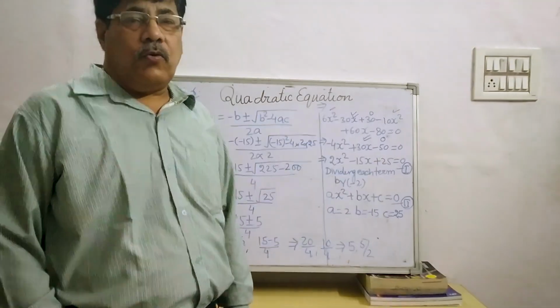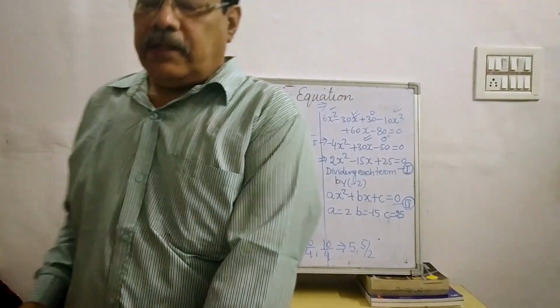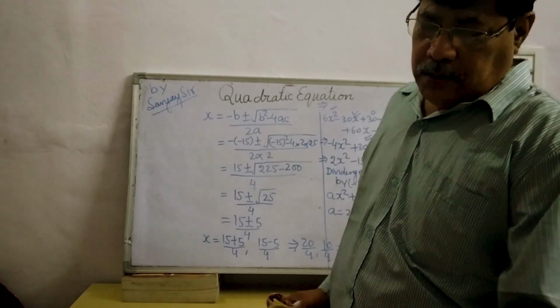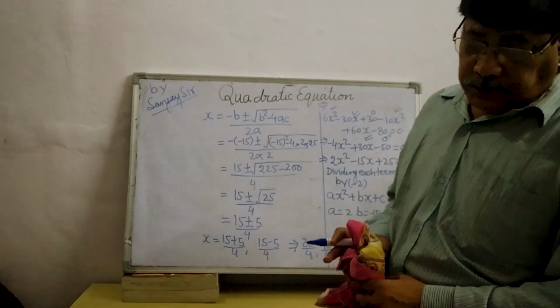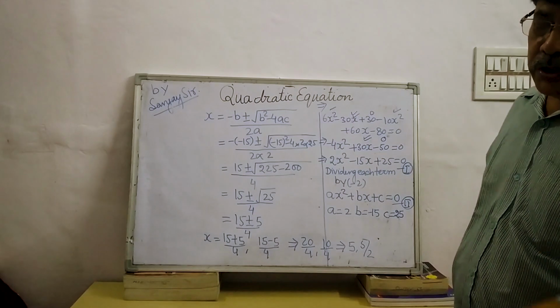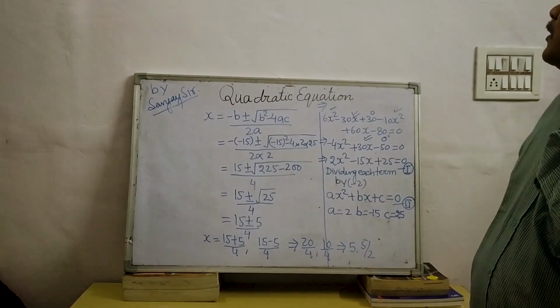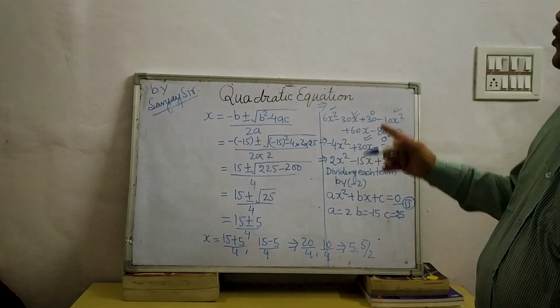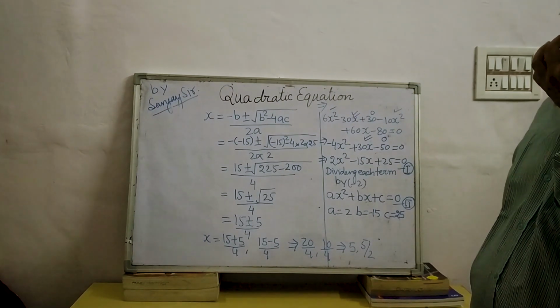Clear, children? Okay, now do it in your copy. Then I will give you more questions on how to solve it. I will take one more question to solve. Formula you should learn it.